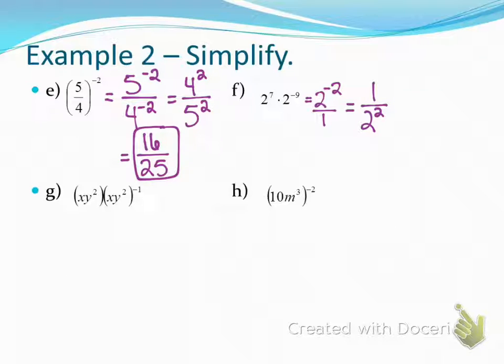There wasn't anything left up there, so we have to put that 1. Last step is to evaluate 2 squared. 4. Done. Questions about letter F? Okay.